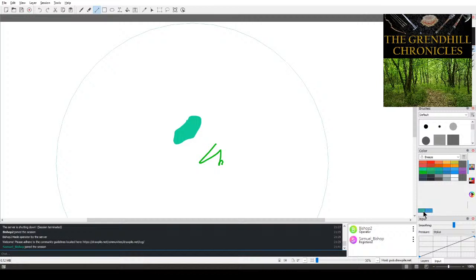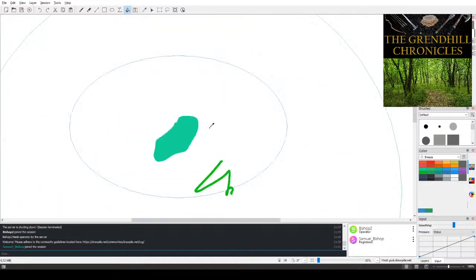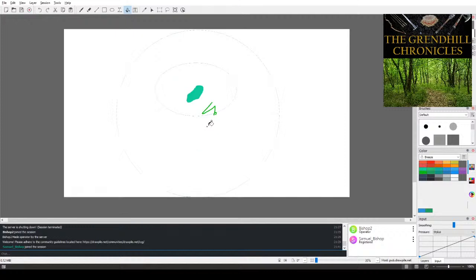Still not working. Let's see. Weird. Paint bucket should be like the easiest thing.